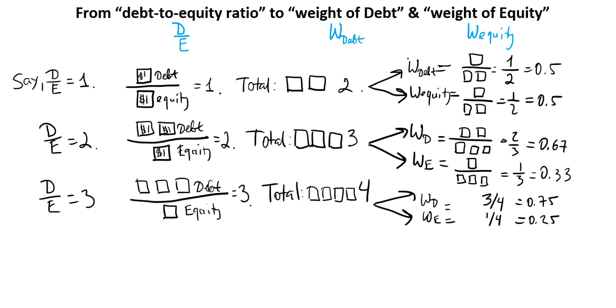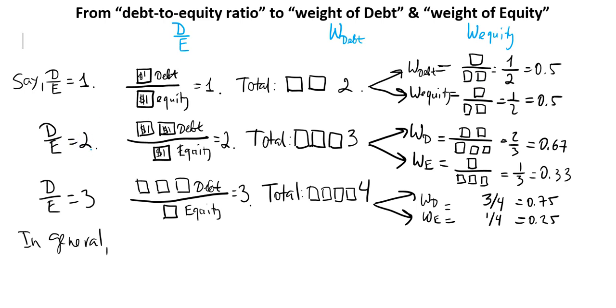Now let's see if we notice any pattern. How would we generalize this? Okay, so in general, what you notice is we have this interesting pattern. When the debt to equity ratio is 1, the weight of debt is 1 divided by 1 plus 1, or 2.